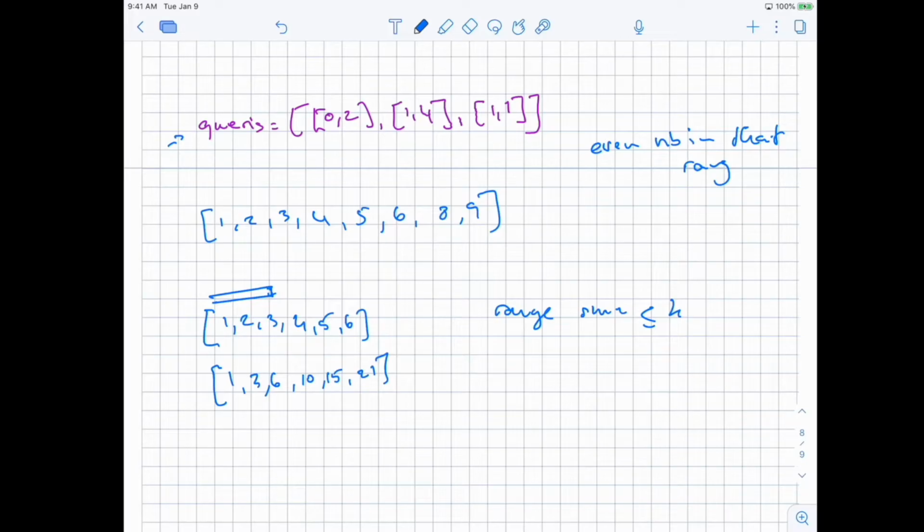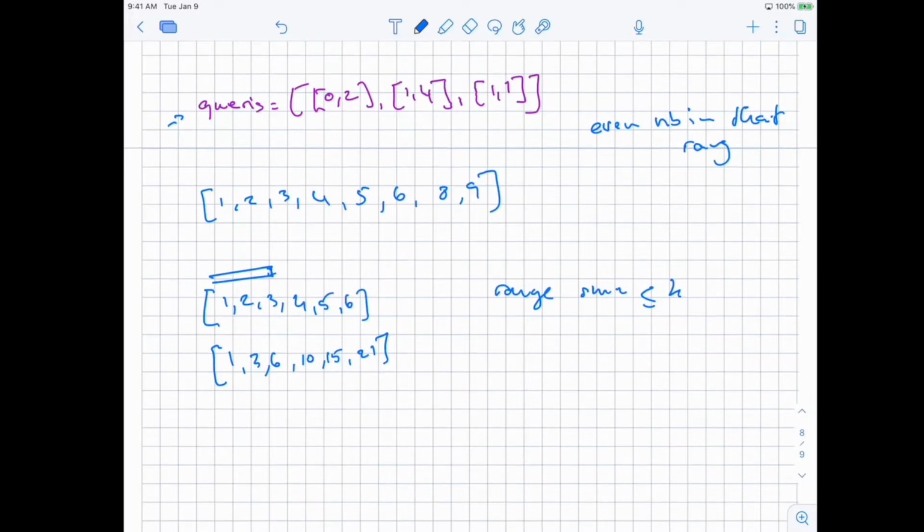And then to find the sum for a range, let's say one of the queries is 2 to 3, you will just take the prefix at 3 minus the prefix just before the start of this range, which is at 1, so 2 minus 1.